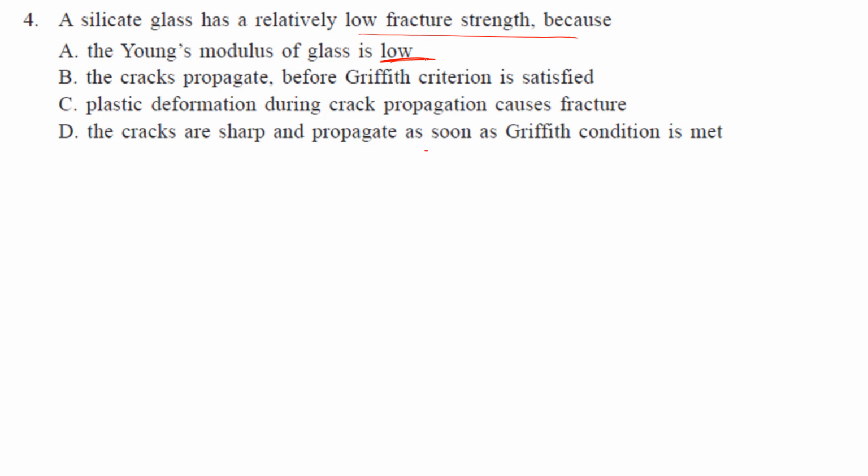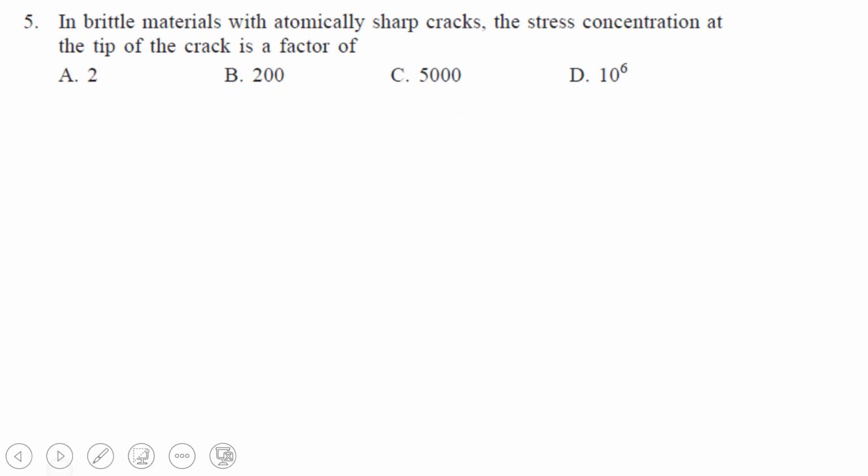Plastic deformation during crack propagation causes fracture? No, plastic deformation during crack propagation does not allow the crack to grow, so it is a contradictory statement. Option D: the cracks are sharp and propagate as soon as Griffith condition is met. Yes, this is your right answer. Suppose this is a sharp crack and it propagates as soon as Griffith condition is met. So this is the correct one.